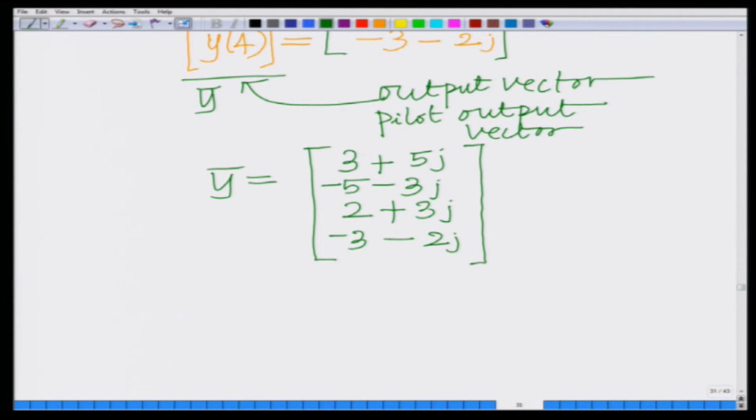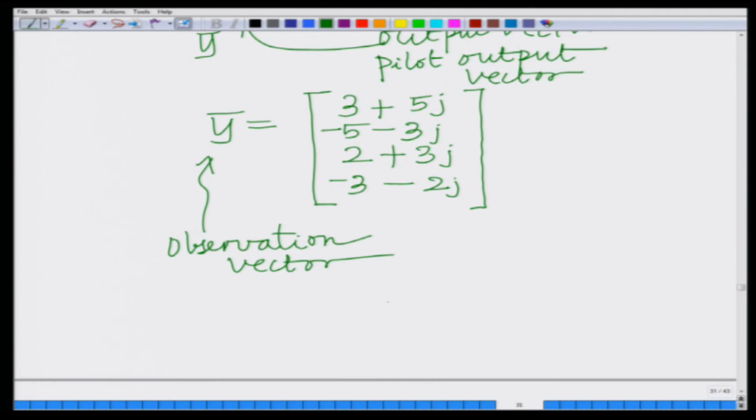This is your observation vector, output pilot vector, output vector. You can call it by any name.